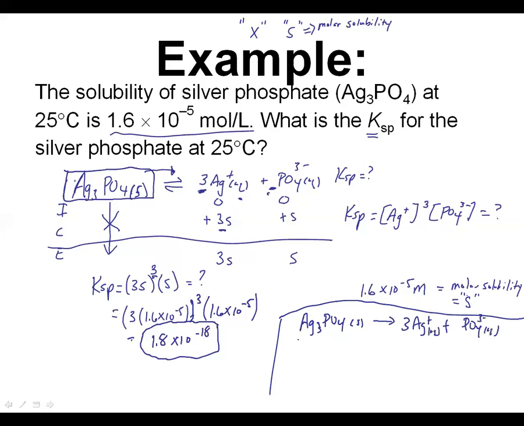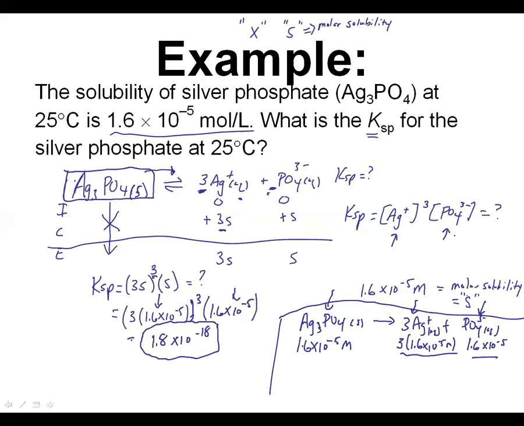If we know the concentration of this whole thing, which is essentially what we did know in the problem, and the relationship is a 1 to 3 relationship in terms of the silver, you basically just take 3 times 6 times 10 to the minus 5, and that would give you the concentration for the silver. It's a 1 to 1 relationship with our phosphate, which means this is going to be 1 times 10 to the minus 5. And that's essentially what we did here with the ice table. But if you understand that relationship right off the bat, you can just slap those numbers right into that Ksp expression, and you will get the same answer.